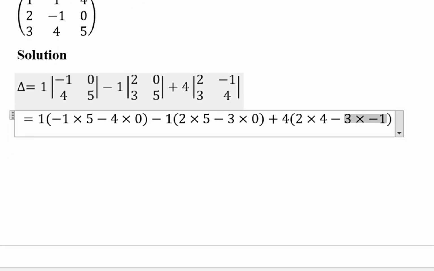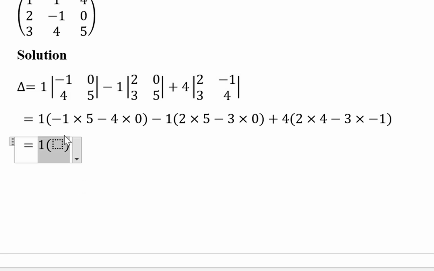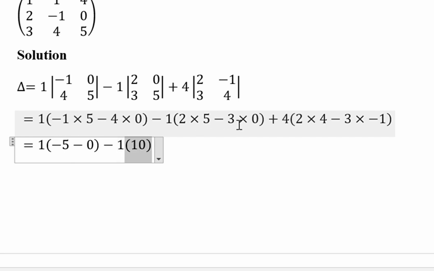Simplify that further, we shall have it being equal to 1 into, this is -5 minus 0, minus 1 into 10 minus 0, plus 4 into 8 minus -1.